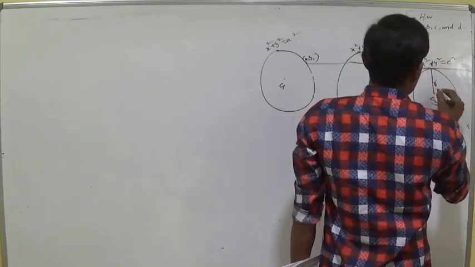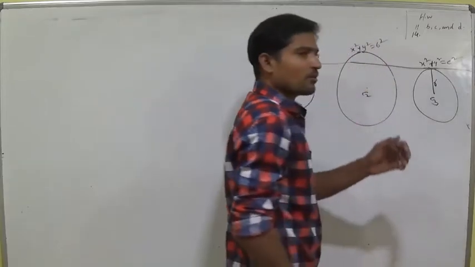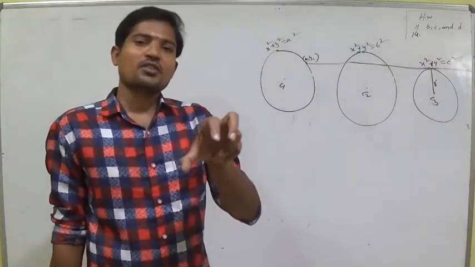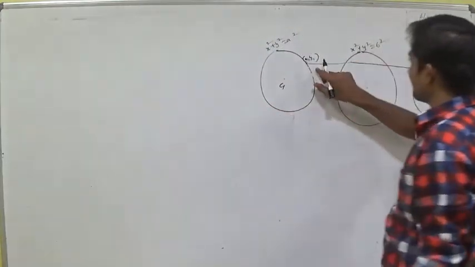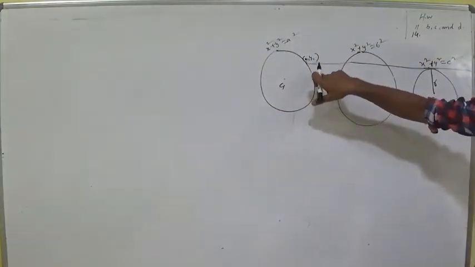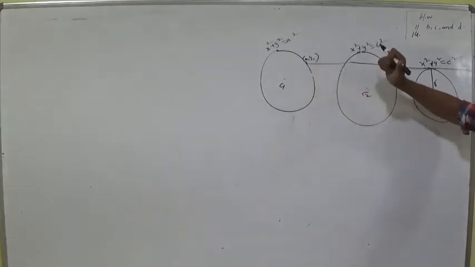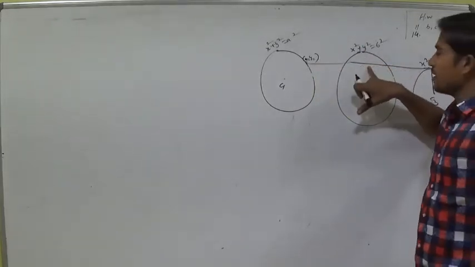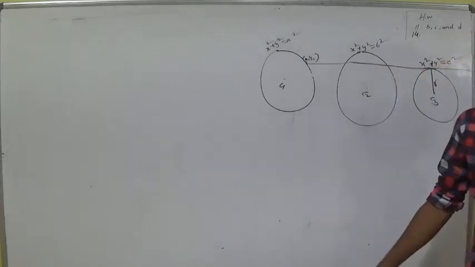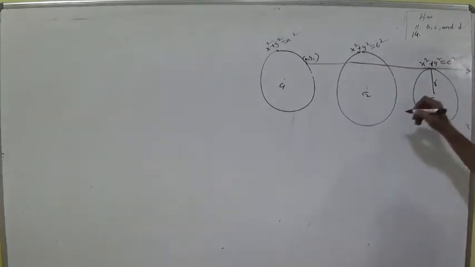The perpendicular distance from the point of contact to the center of the circle is called the radius. This is a polar I drew from a point on the first circle, which is a polar of the second circle, and which is a tangent to the third circle, right?